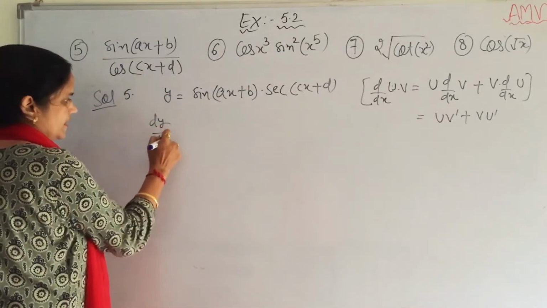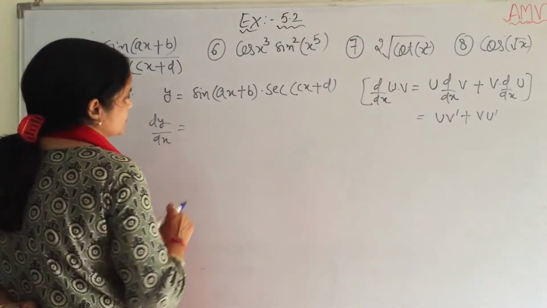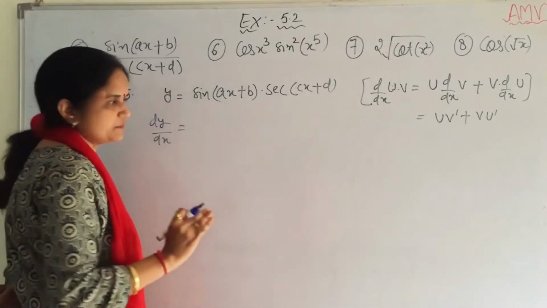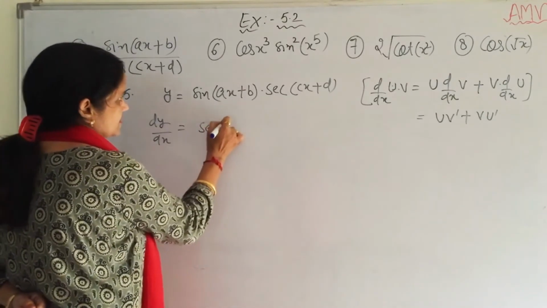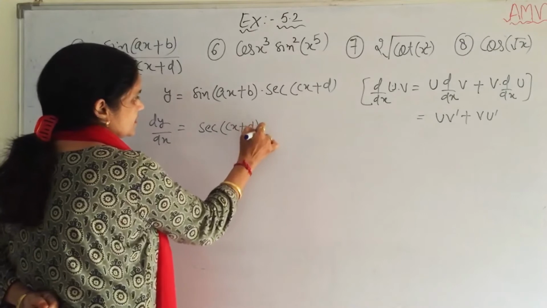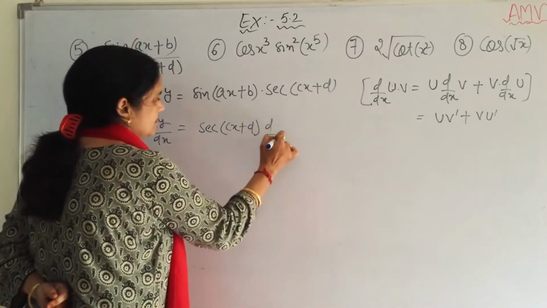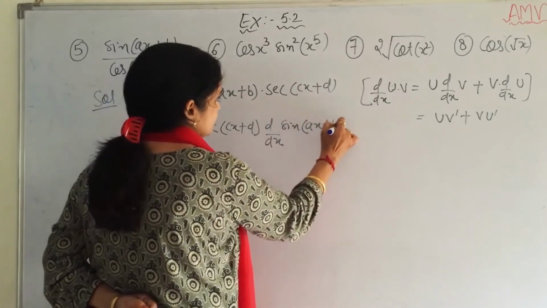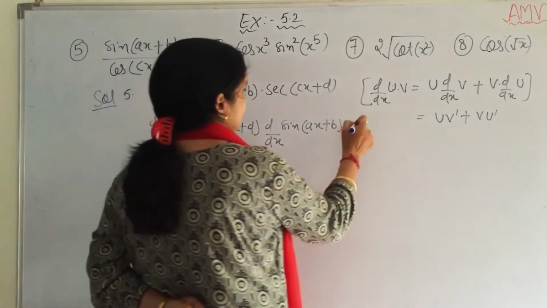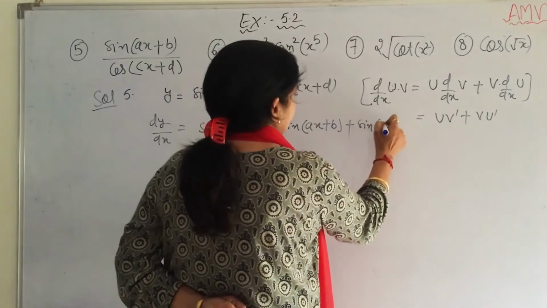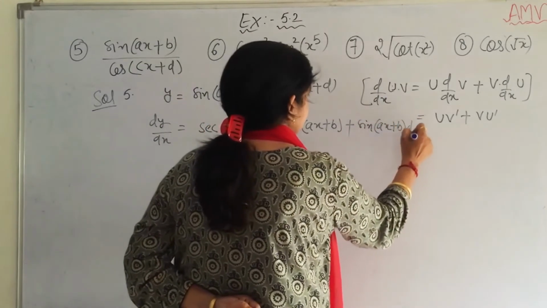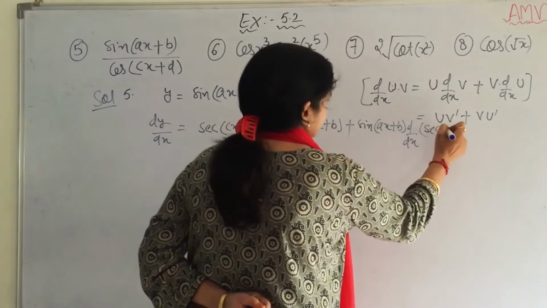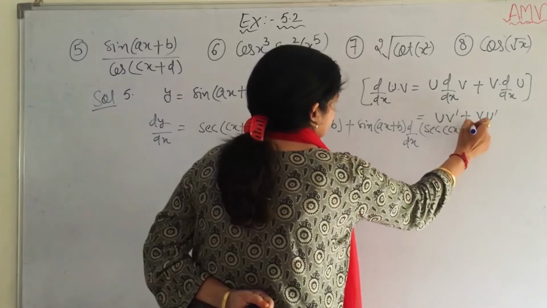dy upon dx is equal to, first take the derivative of sin(ax plus b), and I am writing sec(cx plus d) as it is, and here d by dx of sin(ax plus b). Now plus sin(ax plus b) as it is, and here d by dx of sec(cx plus d).